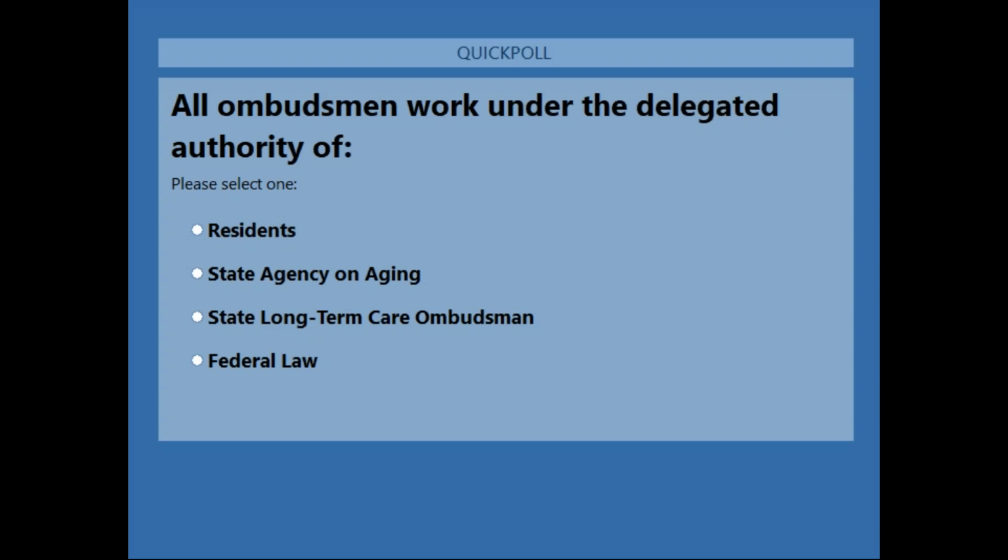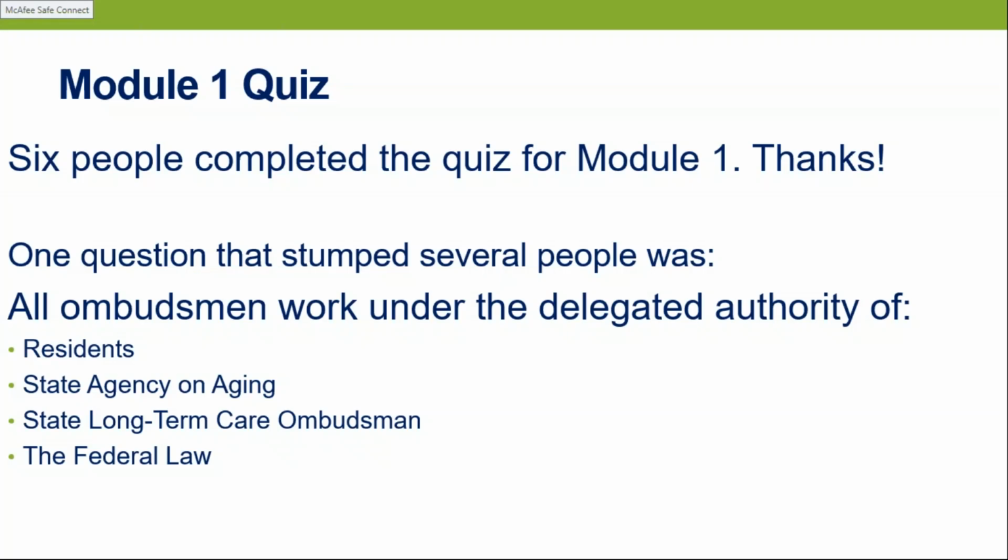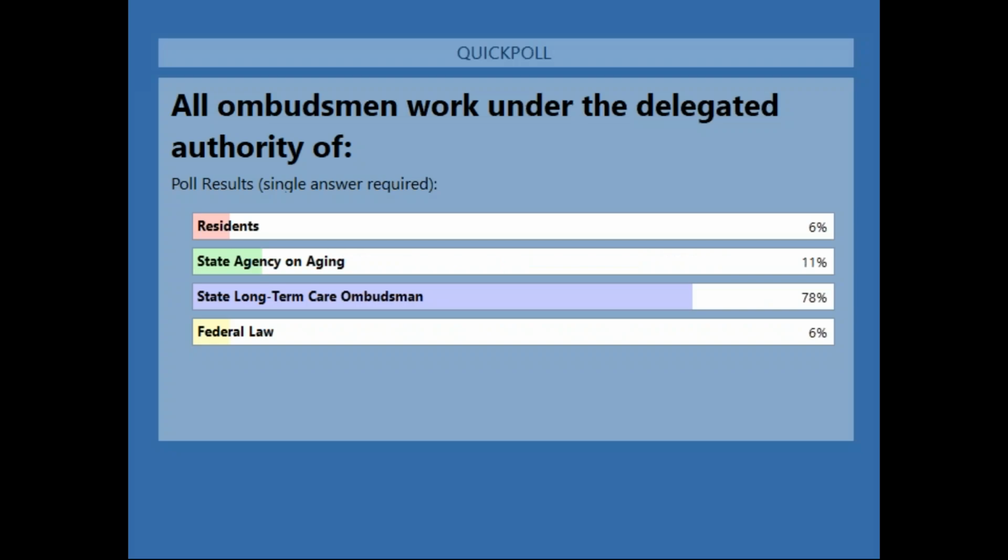Katie, do you want to close and tell me the results? Sure. 6% said residents, 11% said state agency on aging, 78% said state long-term care ombudsman, and 6% said federal law. Okay. Well, again, we'll go with the majority.